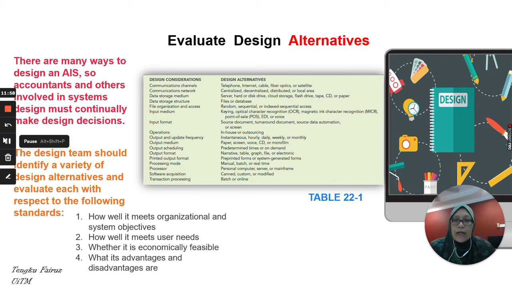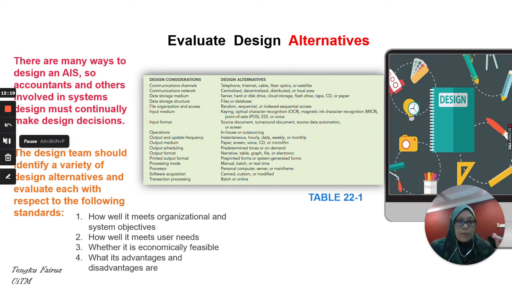Or we can have input format: whether they want to use a source document or a turnaround document, source data automation, or screen input. Those are the design alternatives they have. So they must think about which system is suitable.